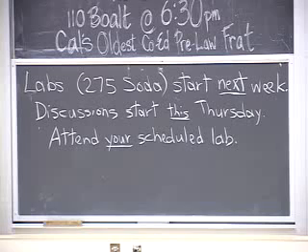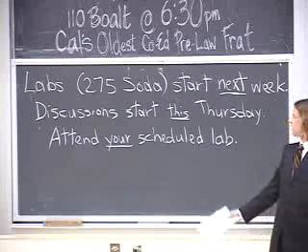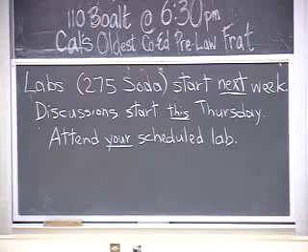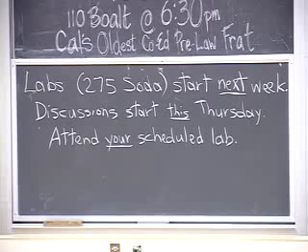Also, some of you might want to enroll through concurrent enrollment. If you're a concurrent enrollment student, then first of all, just bring me your paper to grant permission for concurrent enrollment, and I will sign it. Anyone who wants into the course gets in, as far as I'm concerned, as long as they have the prerequisites. Also, you don't have a scheduled lab if you're a concurrent enrollment student. For those of you who do not have a scheduled lab, what you should do is just go to any lab that has room for you.